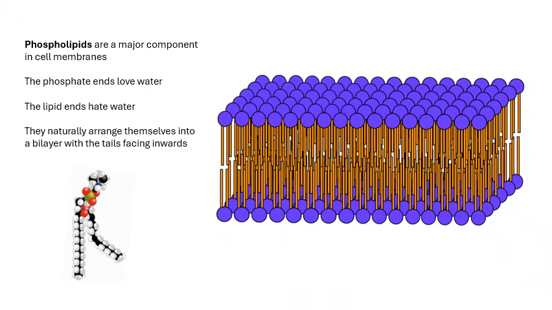And the phosphate ends love water, and the lipid ends don't like water, they hate water, and so it naturally arranges itself into what we call a bilayer, where you've got the phosphates on the outside and the lipids on the inside, and the whole thing is very, very flexible. The whole thing can move. There's nothing rigid about it whatsoever. And we shall see there's all kinds of proteins and there's cholesterol and all kinds of stuff involved in this. But that's the basic structure.